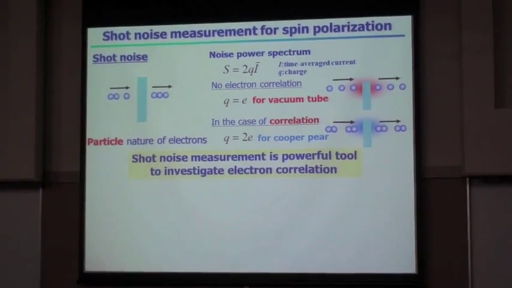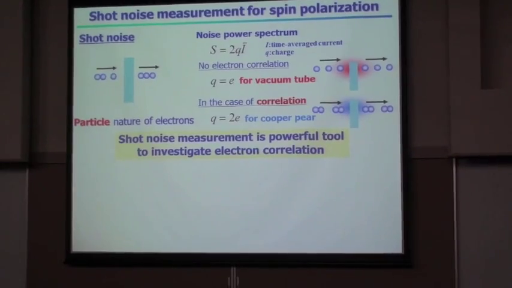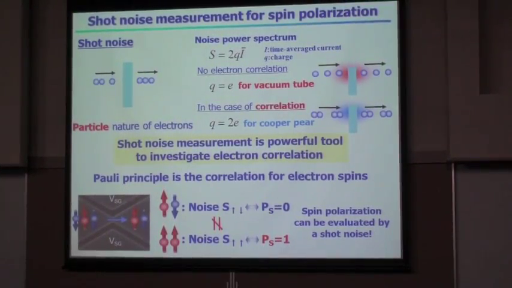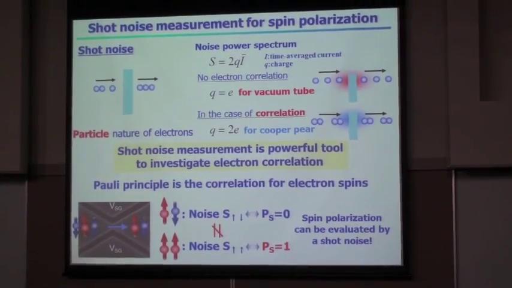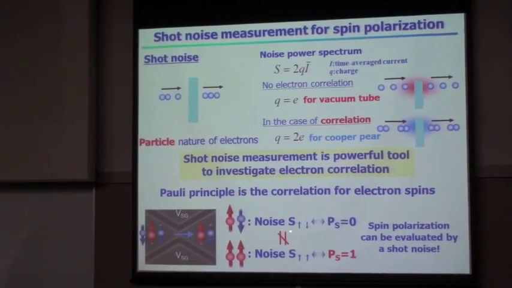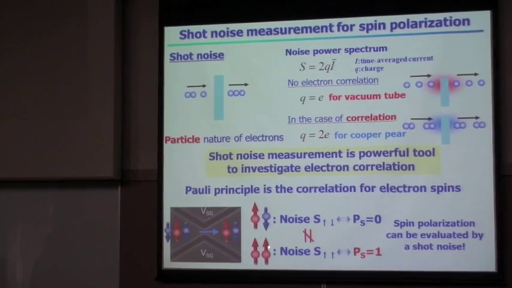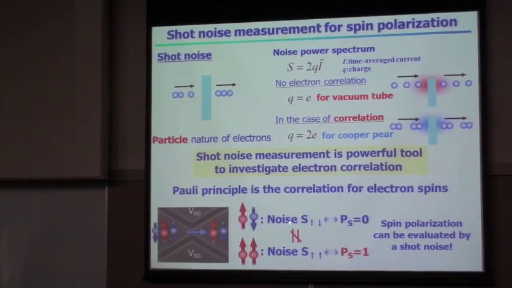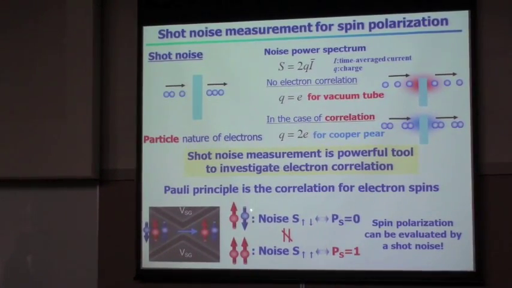And in our case, the electron correlation is the Pauli exclusion principle, because we have spin. That means the shot noise signal for the anti-parallel spin and the parallel spin would be different. And this exactly corresponds to the spin polarization. So that's why we can evaluate the spin polarization by using the shot noise measurement.